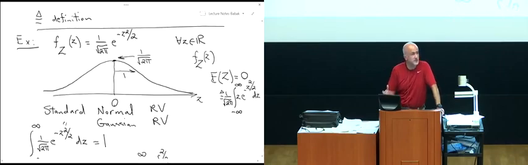This is the definition of the mean. What is it about this integrand that allows you to say immediately that this mean is 0? It's an odd function. E to the minus z squared over 2 is even. When you multiply it by z, you get an odd function. You're integrating an odd function from minus infinity to infinity. You must get 0.